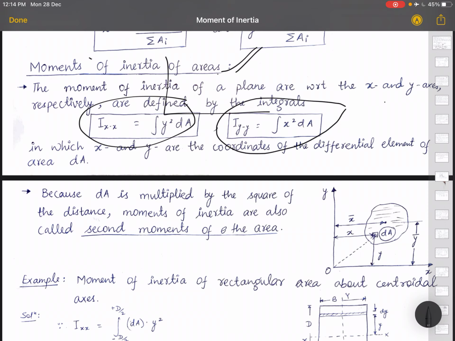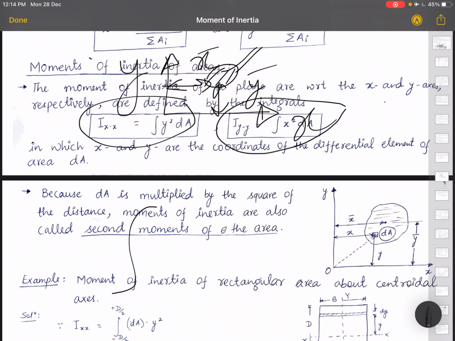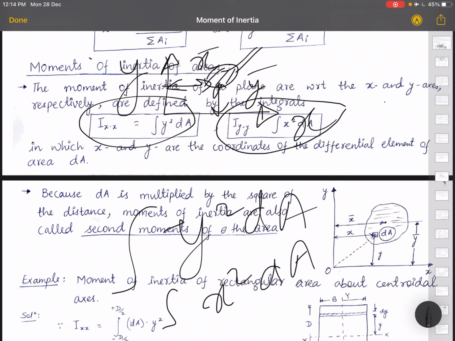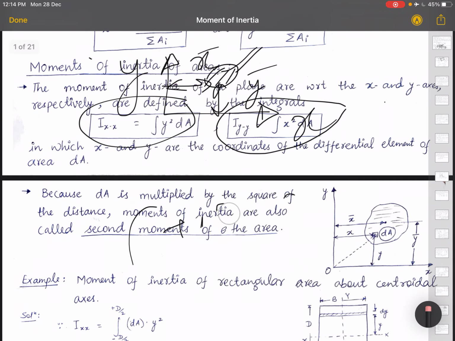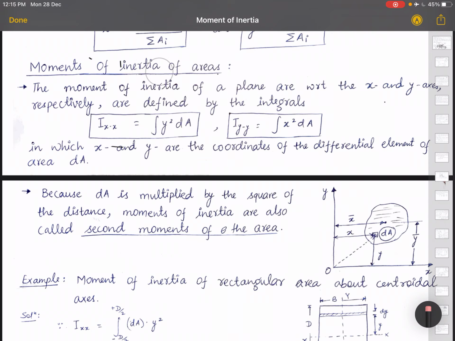If this is your y, this is your x, and some area is given here, you will calculate x bar and y bar, and put the respective values in this integral, y square dA or x square dA, and you will get your answer. Okay, this will give you the moment of inertia of the area.